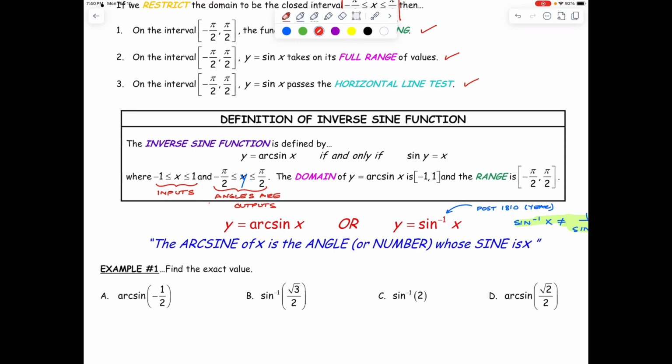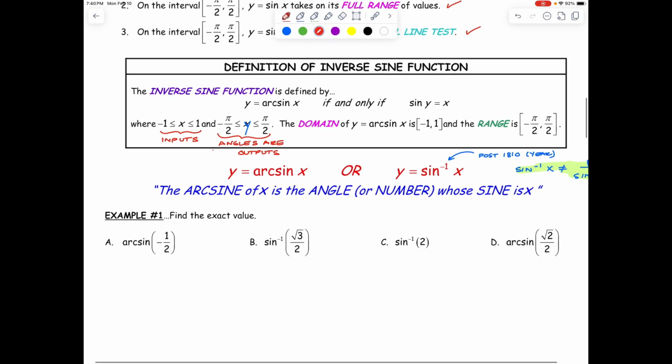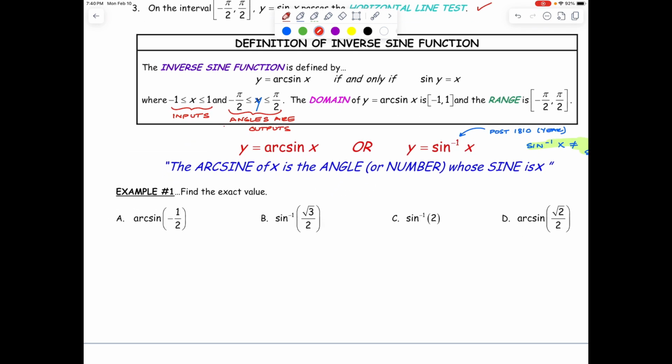So if you were to look at, say, down here in example 1, the arc sine of negative 1/2, I want you to think about, on your unit circle facts, what angles would give you that value negative 1/2?